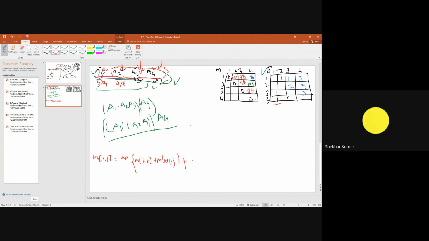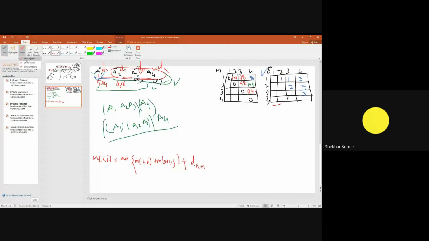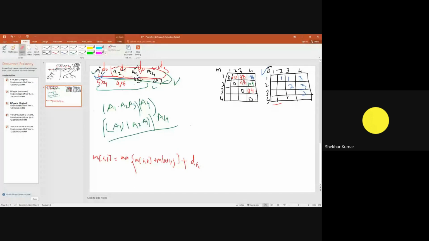Then I will take D of i minus 1, sorry, i minus 1, that will be multiplied with D of k, this value, multiplied with this value, that is D of j.